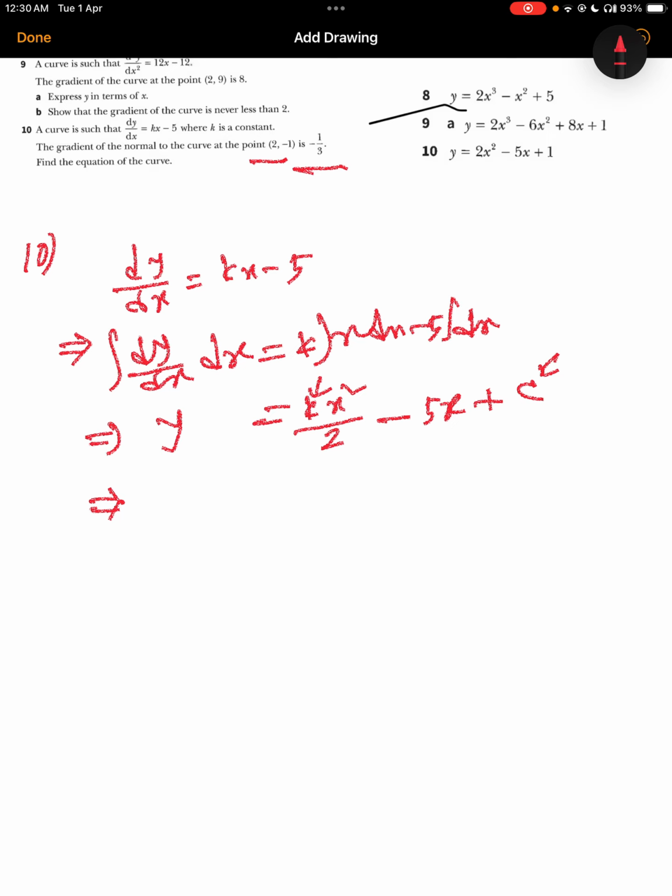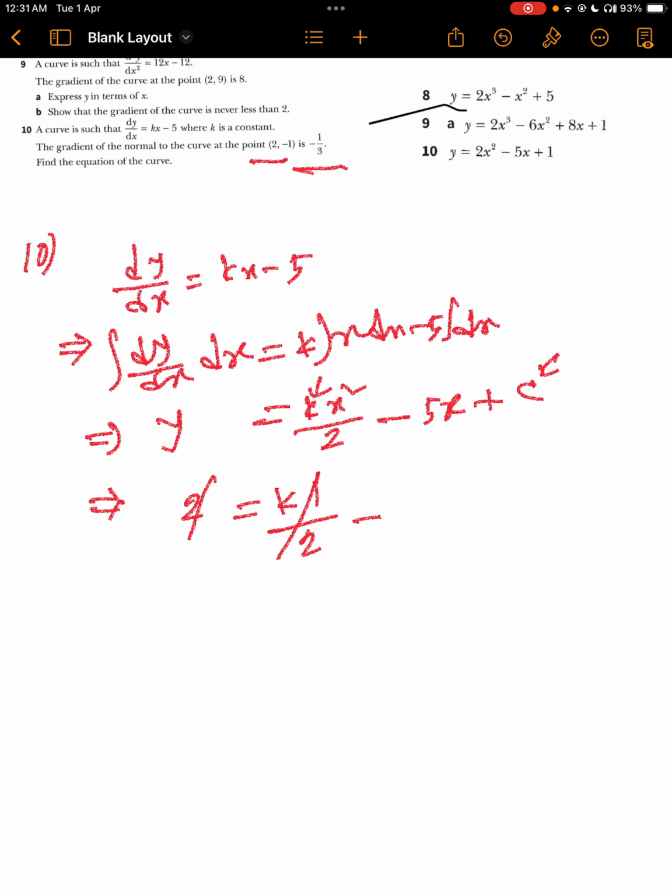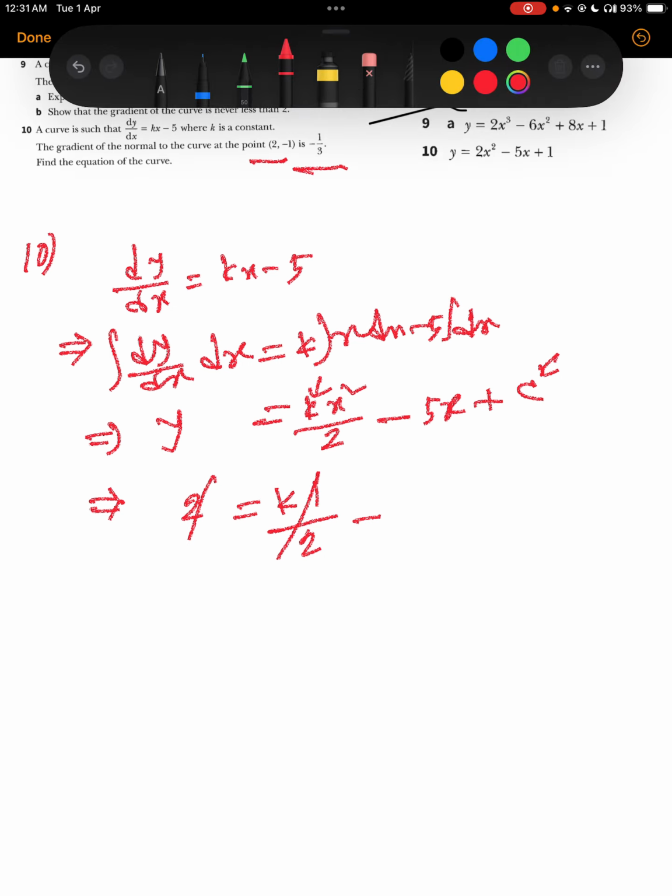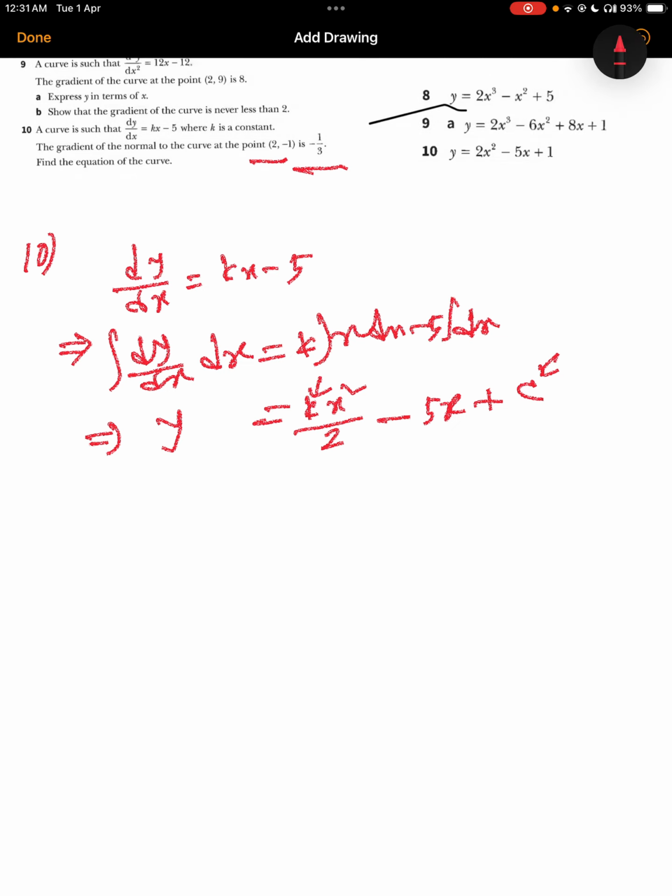So y value is -1, x value is 2: k times 4 divided by 2, minus 10, plus c.